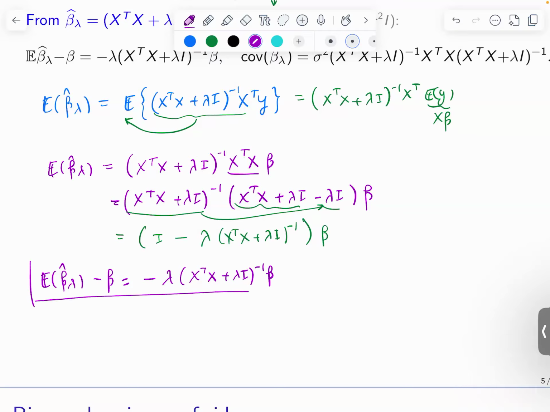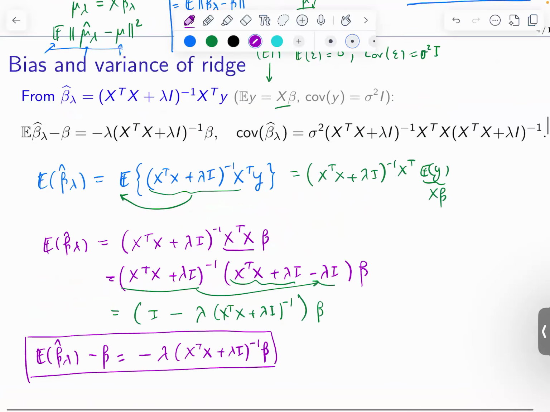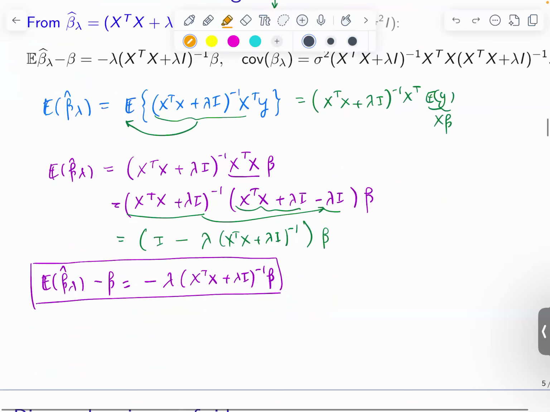So that's the bias of the ridge. It matches the expression that we have above. It's just a simplification. Any questions? Okay. So far, so good. It's still ugly, but we'll simplify further later.